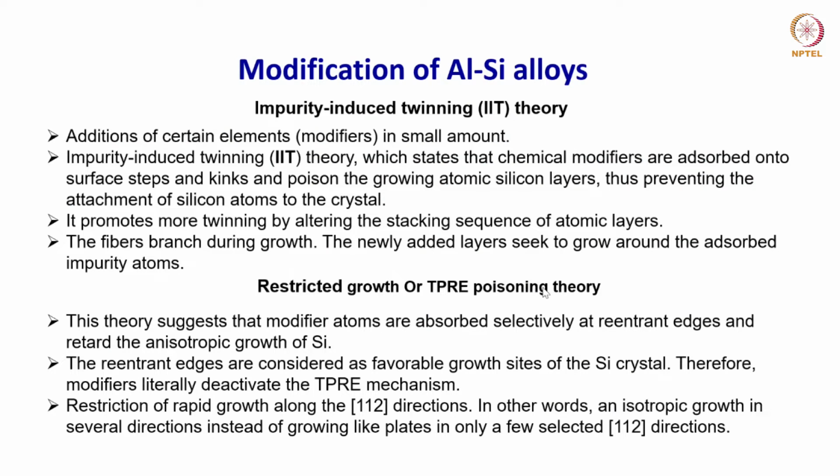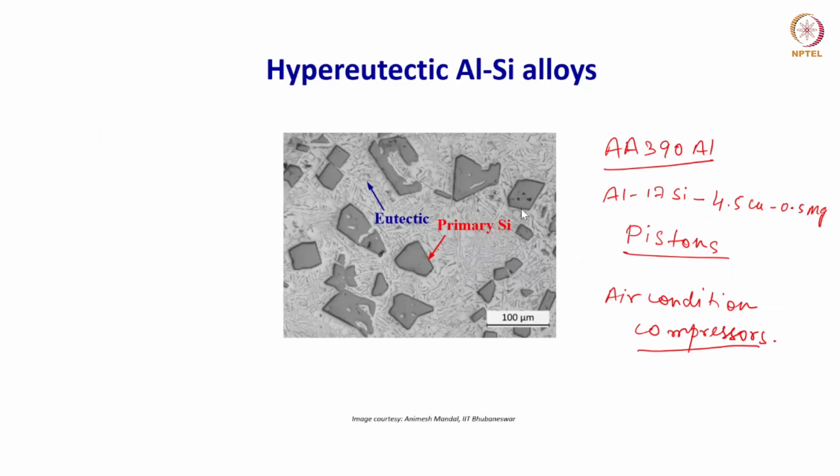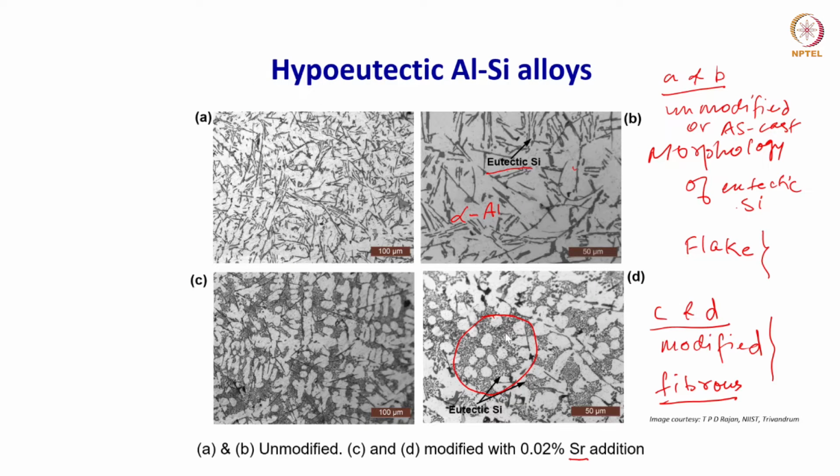Now the question would be how to stop this growth in this kind of morphology, because such morphology is many a time not good for some of the properties such as the ductility and the fracture toughness, etc. Okay, so therefore at times there is a need for modifying this morphology and making it more uniform, like what we have seen in this particular micrograph over here.